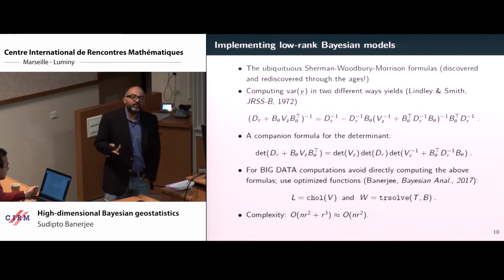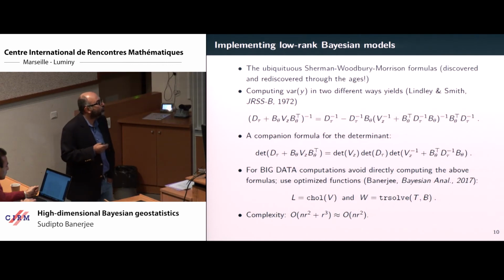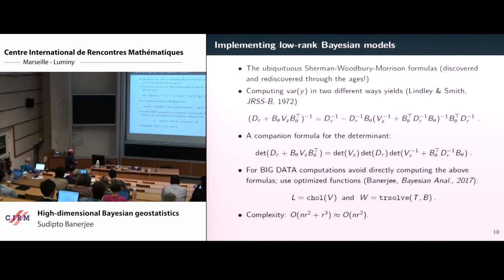For two reasons. Again, there is a numerical linear algebra aspect to this, because you want to avoid propagation of numerical error when you do these matrix computations. And especially there are some of these matrix multiplications, in particular this part, the B theta, then this quantity inverse times B theta transpose, that can get annoying when you have millions and millions of locations.